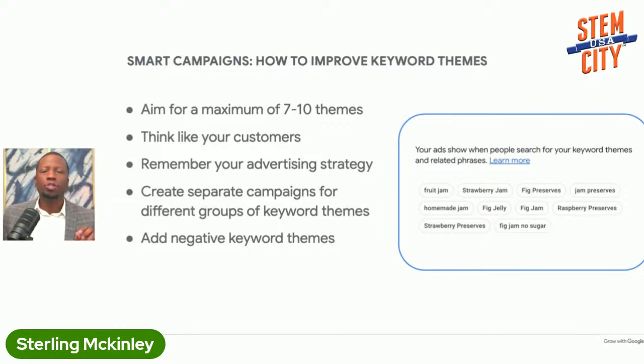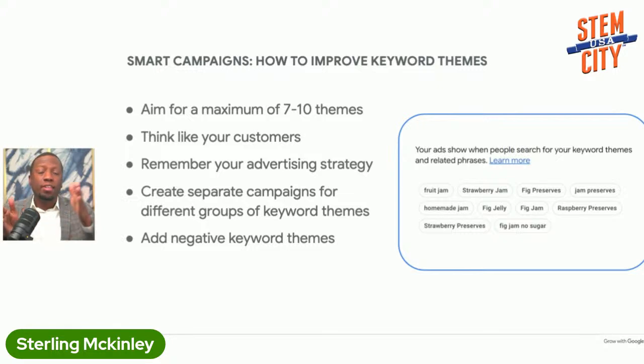Also, be sure to use separate campaigns and groups for keyword themes. What you don't want to do is mix keywords. So if you're selling, let's say, food, you don't want to have keyword themes for hamburgers and hot dogs in the same ad group. Why? Because that's confusing.